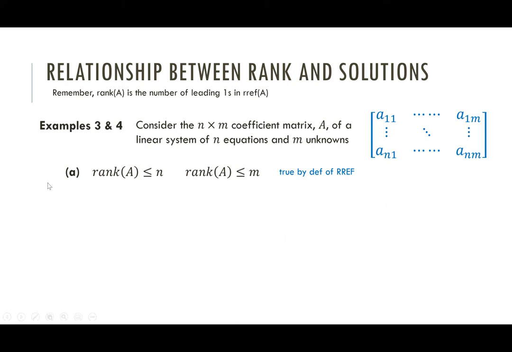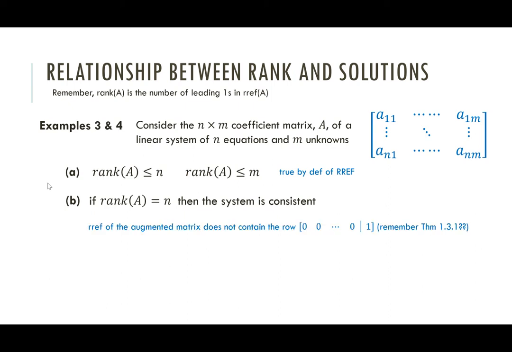But okay, that's, I would say, not that interesting so far. Here we go, relationship to solutions. If the rank of a matrix is equal to the number of rows, then the system is consistent.